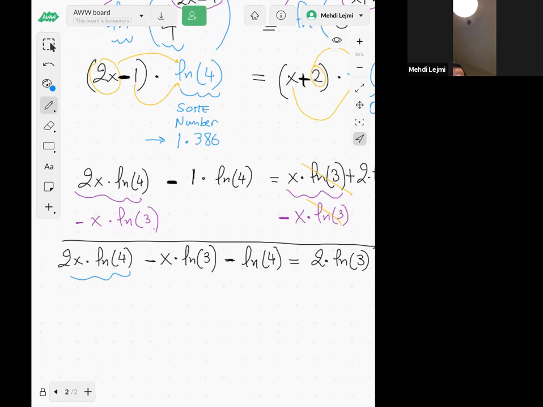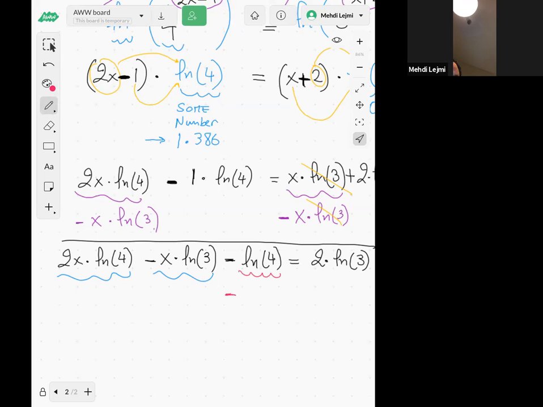Right? So as you can see, guys, I got my x's on the left side. There's an x in here, there's an x in here. Then x would be a common factor, so I can factor out my x and then solve for x. The thing is, there's still one constant on the left side, this natural log of 4, which is some number. So I'm going to move this constant to the other side.